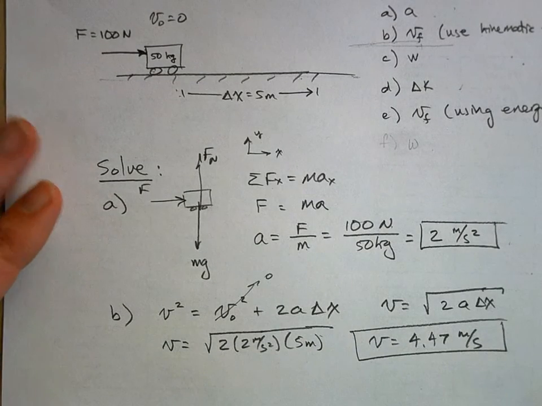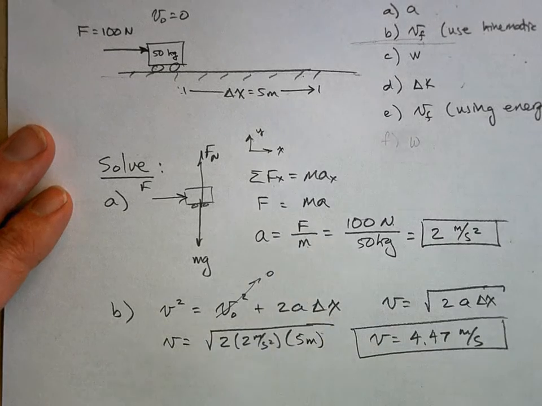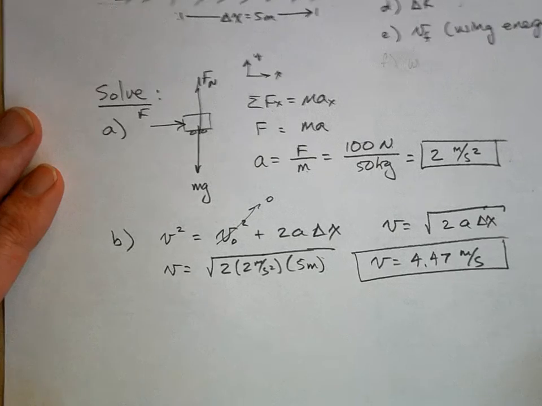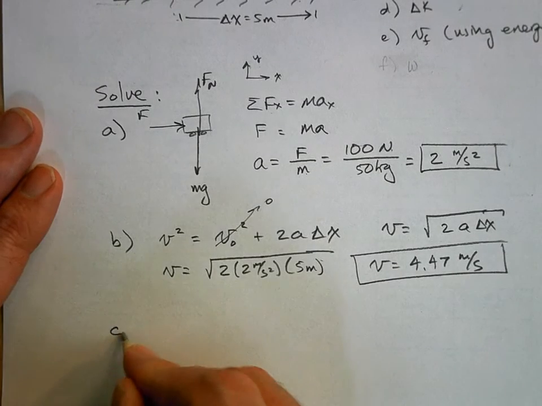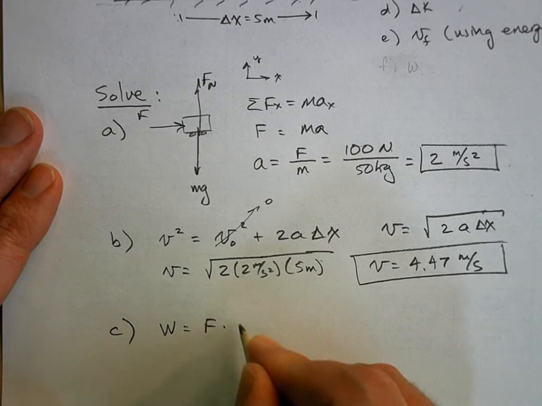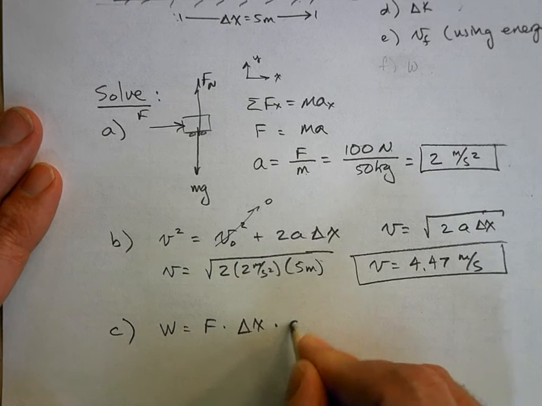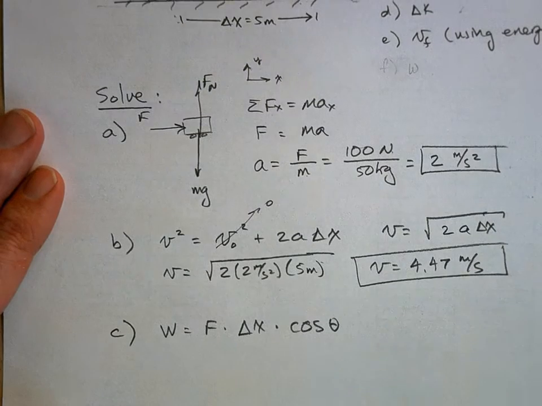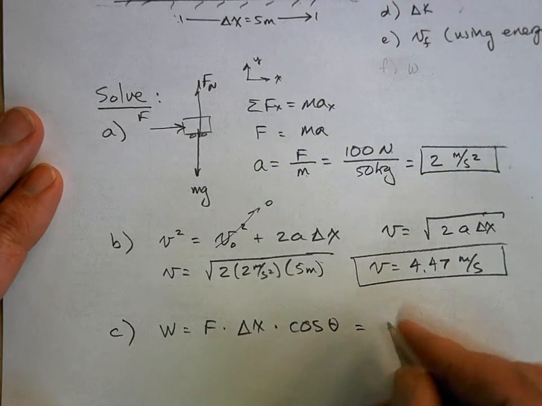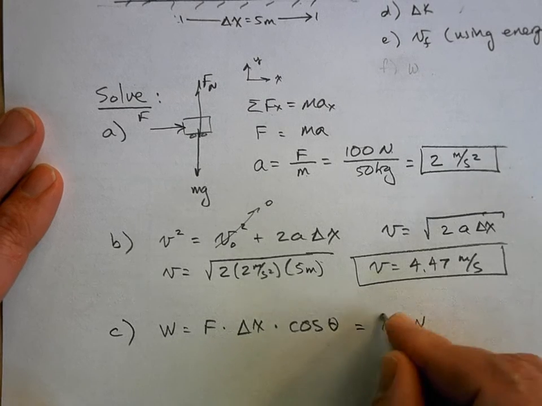Now we're going to do part C, and this is the new stuff. See, this is all review. But for part C, the work done, well, work equals force times displacement times the cosine of the angle between the force and the displacement. Well, the force was 100 newtons.